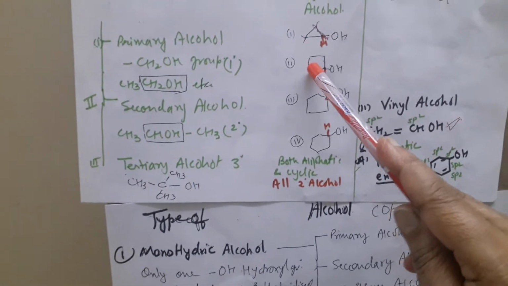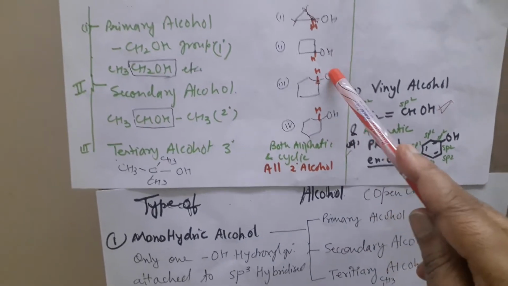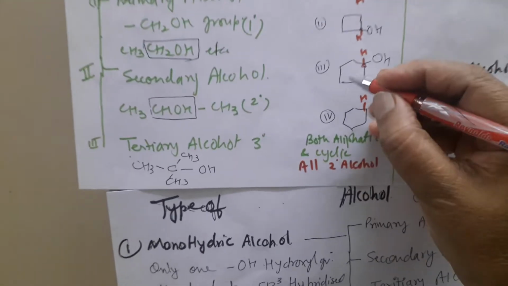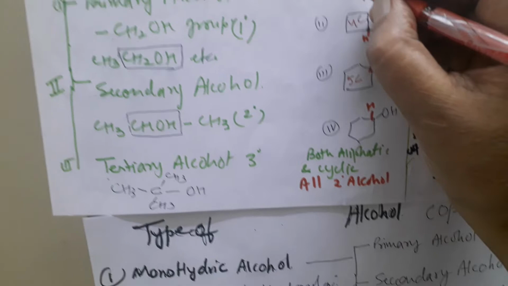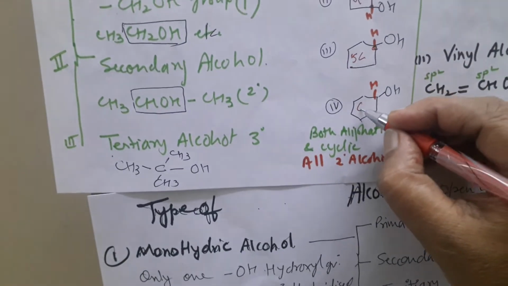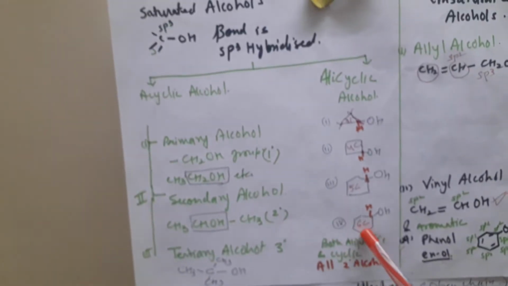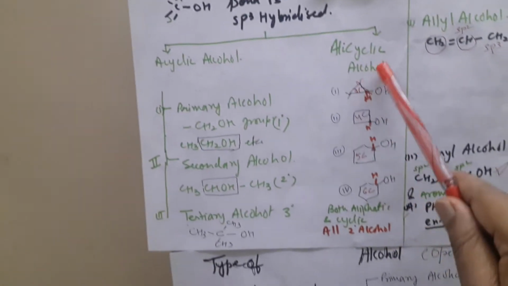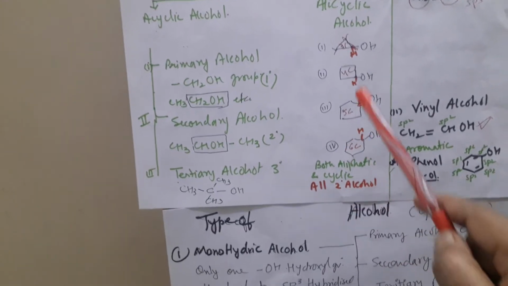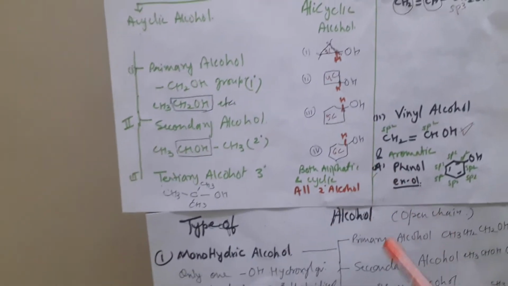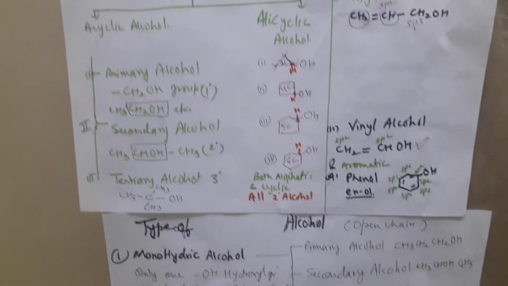Cyclopropanol, cyclobutanol, cyclopentanol. Counting the carbons: 5 carbons, 4 carbons, 3 carbons. I am writing inside so that it will be neat. 6 carbons, so it is cyclohexanol. Clear? And this position is always the first position because I have not taken any other group. If suppose we take a keto group or another group, I'll give the IUPAC naming differently.